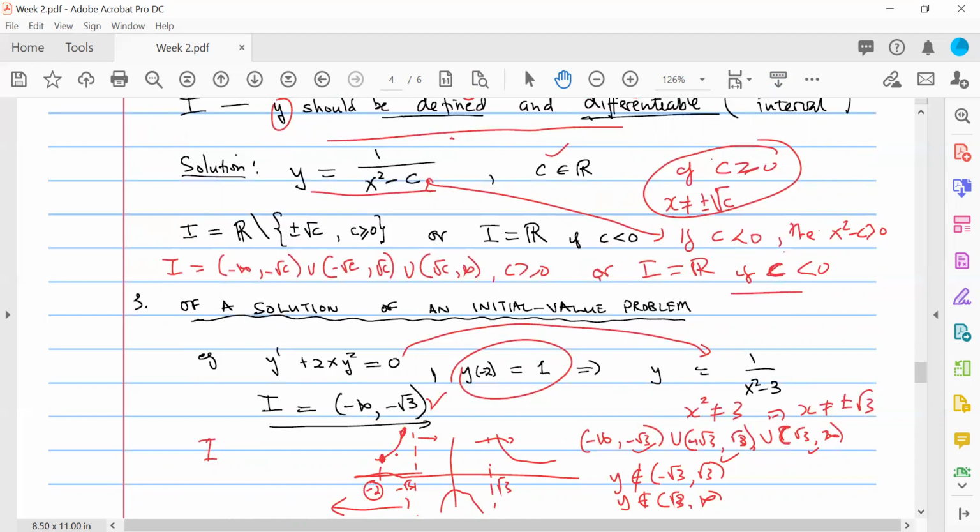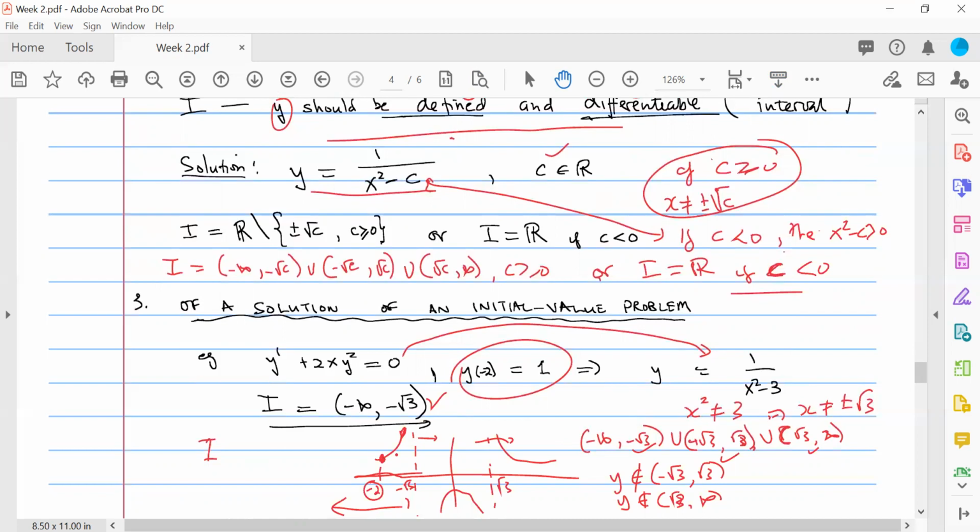So initial conditions have a potential to restrict the interval of definition of a solution, depending on the problem. So it depends on the type of solution that you have. But in this particular case, where you have rational functions, the denominator definitely will affect how your solutions will appear.